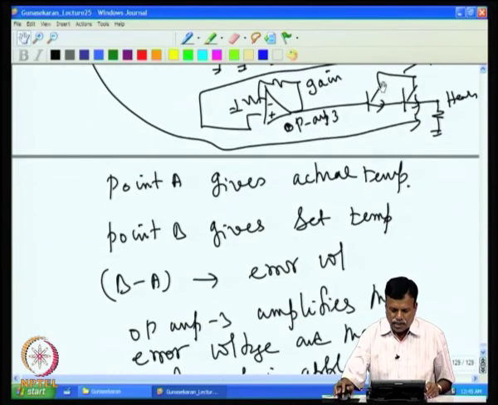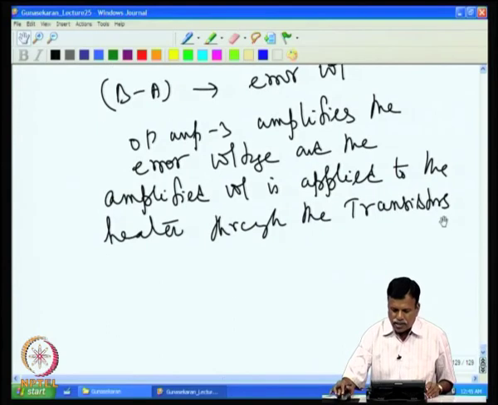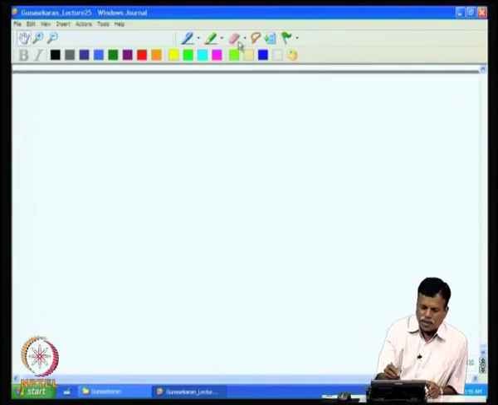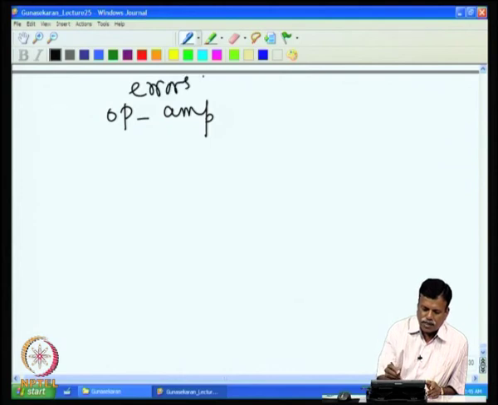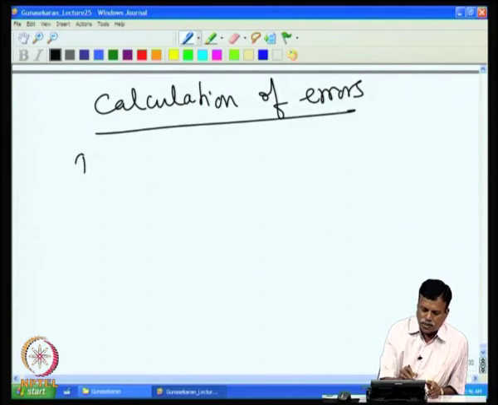Now, we will see the errors. So, op amp 1 handles the very low level signal. So, we will now calculate the errors.